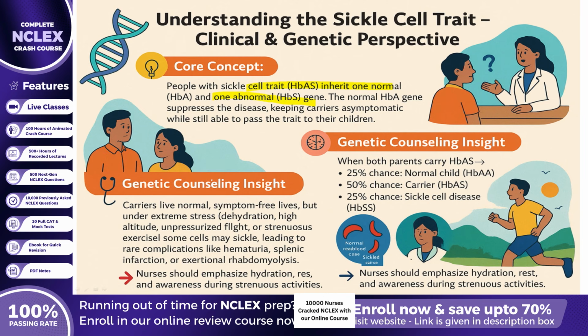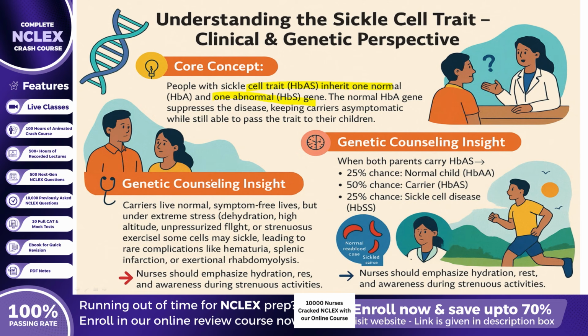In contrast, sickle cell disease, or HbSS, develops when a person inherits two abnormal hemoglobin S genes, resulting in chronic hemolysis, vaso-occlusive crises, and multi-organ complications. Most people with the sickle cell trait lead normal, symptom-free lives and enjoy a normal life expectancy.